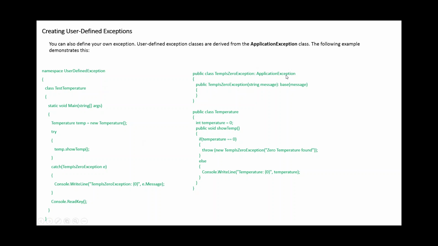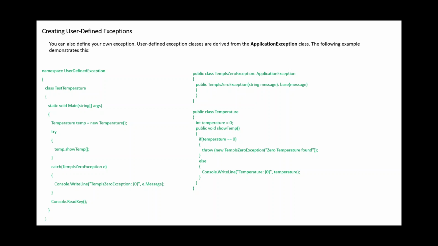In previous slides I explained that everything derives from the exception class in C sharp. But for user defined exceptions, if you want to write your own exceptions, you have to derive them from application exception.